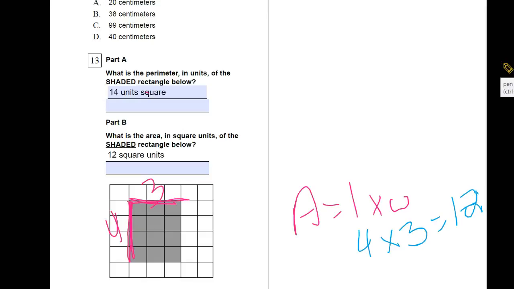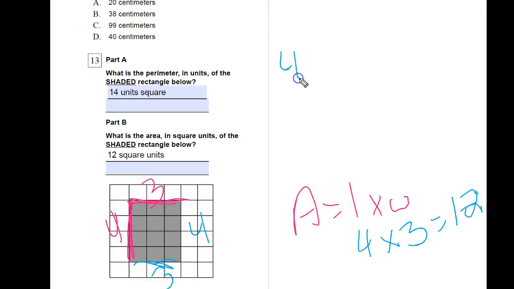So to find the area, it was length times width, and that was 4 times 3. To find the perimeter, I needed to add all the sides. So I know that the length on the left was 4, so on the right side is also going to be 4. The width at the top was 3, the bottom is also 3.